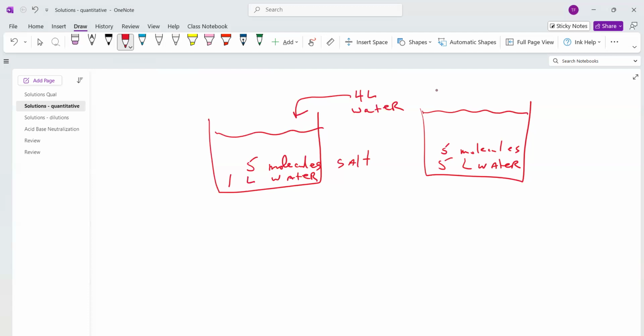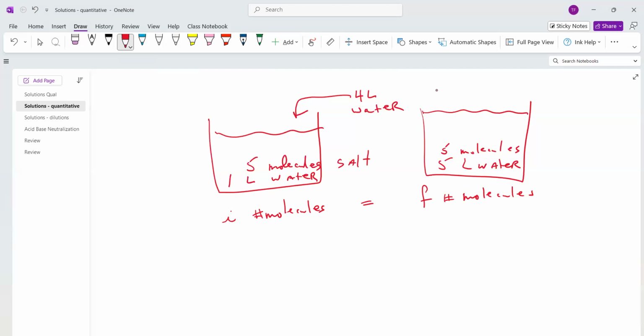So the initial number of molecules is equal to the final number of molecules. We haven't added anything or taken anything away. All we've added is water, the solvent.